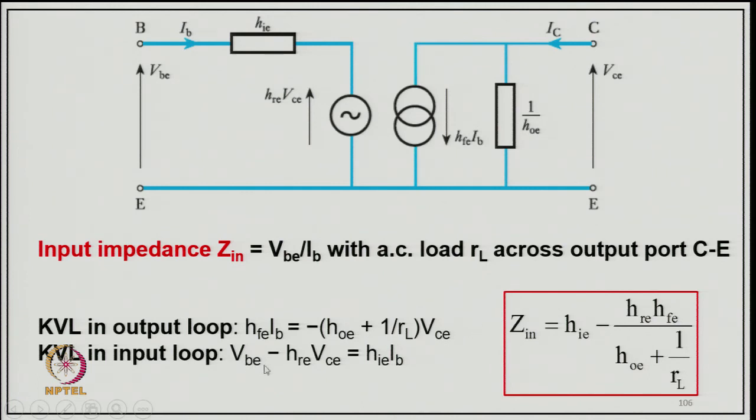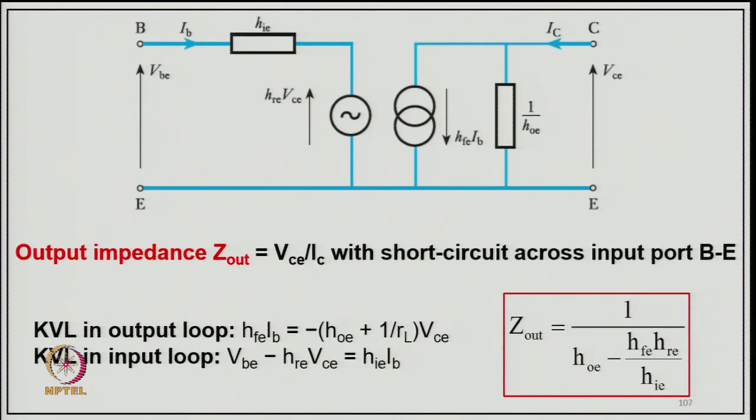The KVL in the input loop will be VBE equal to HIE IB, and from here you can find the input impedance ZIN equal to HIE minus HRE HFE divided by (HOE plus 1 upon RL). That is the reflected input impedance of this transistor amplifier circuit.